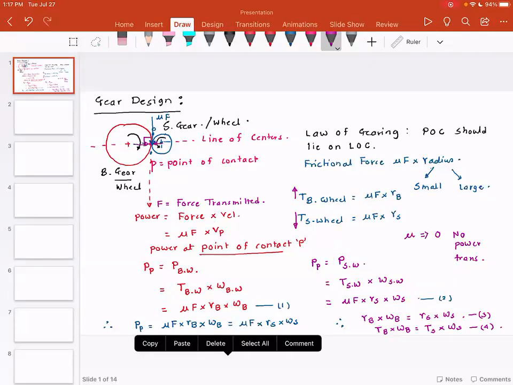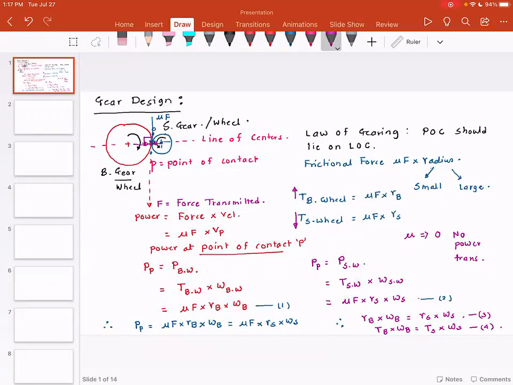This transmitting force makes 90 degrees with the line of centers. And this transmitted force makes 0 degrees to the line that is perpendicular to the line of centers. So this is an important observation.